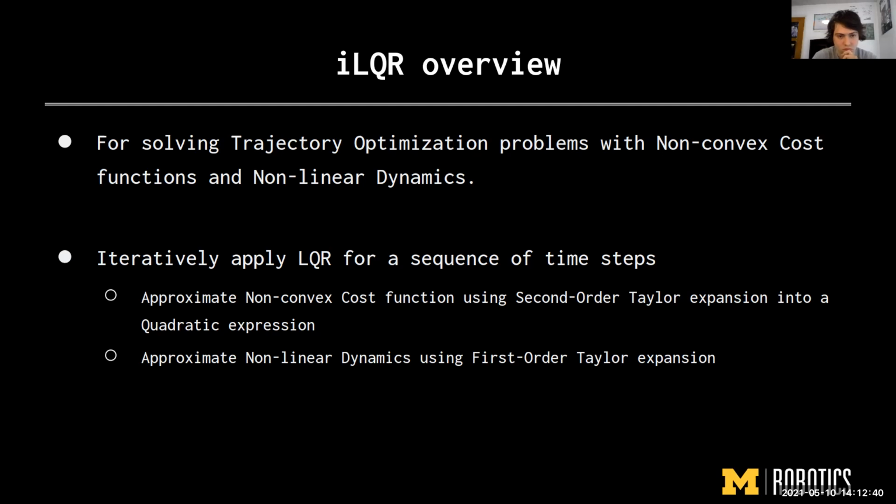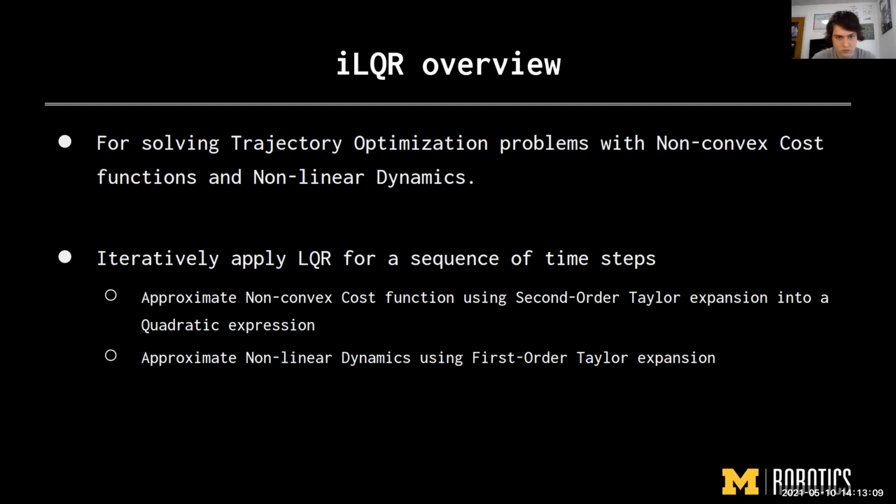As the name implies, iterative LQR is basically just iteratively applying LQR for a sequence of time steps on some trajectory. In order to use LQR, the cost function should be quadratic or convex, and the dynamics should be linear. But our problem has a non-convex cost function and nonlinear dynamics.